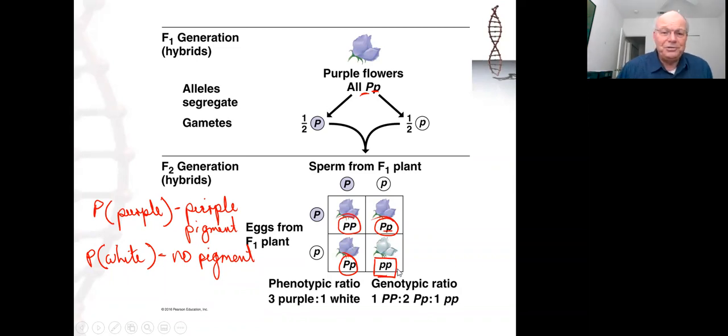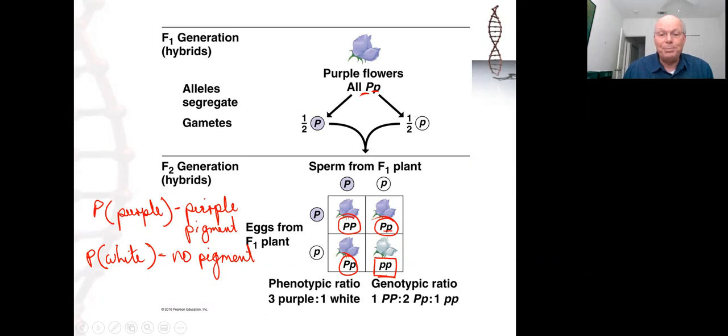So there are 2 ratios that you need to remember, and you can remember these because these are absolutes. The phenotype ratio is always going to be 3:1, the physical appearance ratio. The genetic makeup ratio or the genotype ratio is always going to be 1:2:1. These are absolutes. So long as you remember that, you can't go wrong in terms of understanding what you're looking at.